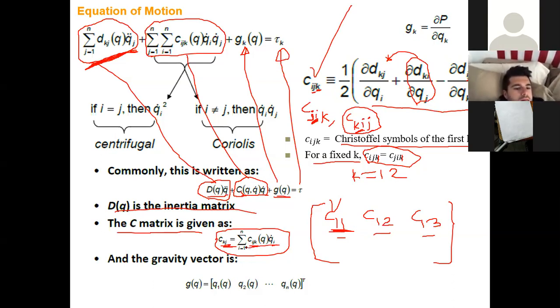If you multiply these, you get the coefficients Ckj one by one. That's the C matrix.